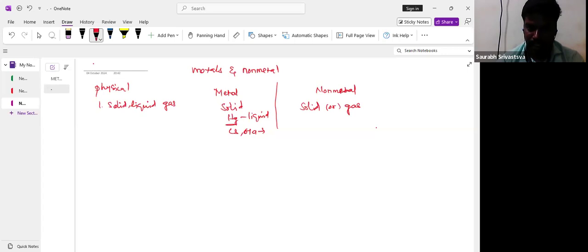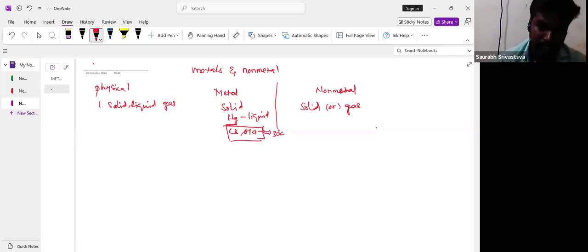At 30 degrees Celsius, which is around room temperature, or if you keep gallium or cesium in your hand, it will automatically melt. The reason is our body temperature is 36.7 degrees Celsius, so when it reaches 30 degrees Celsius, it automatically becomes molten, that means a liquid state.